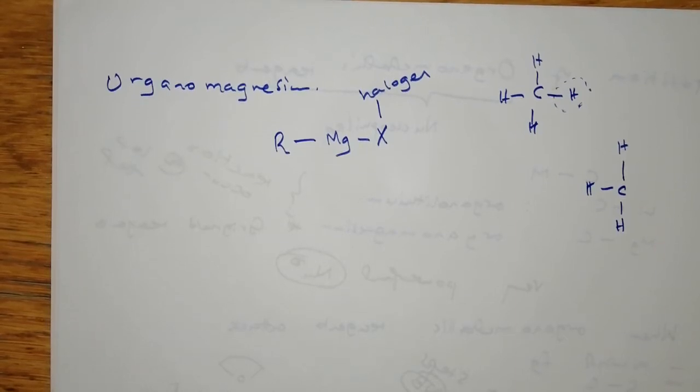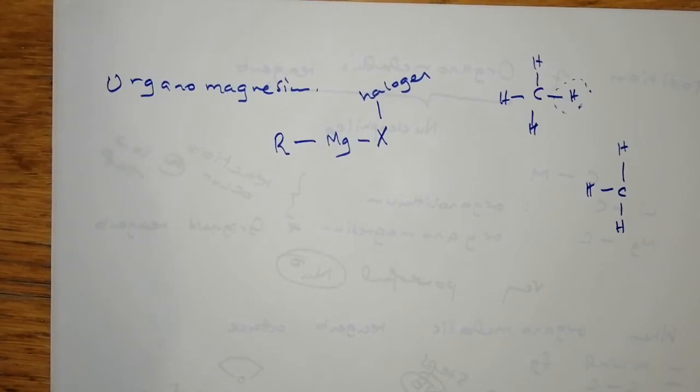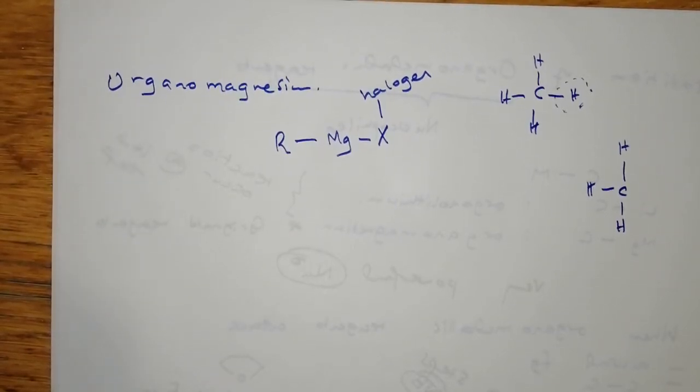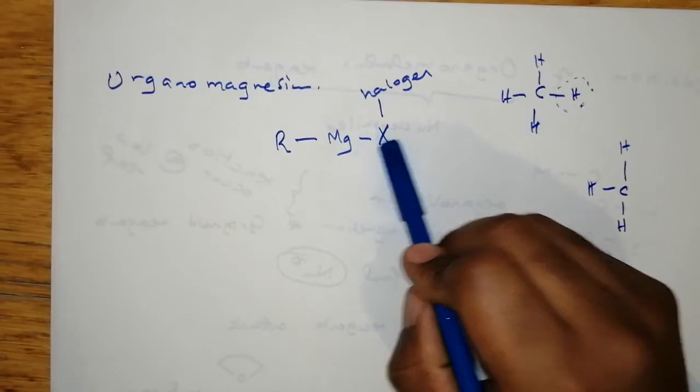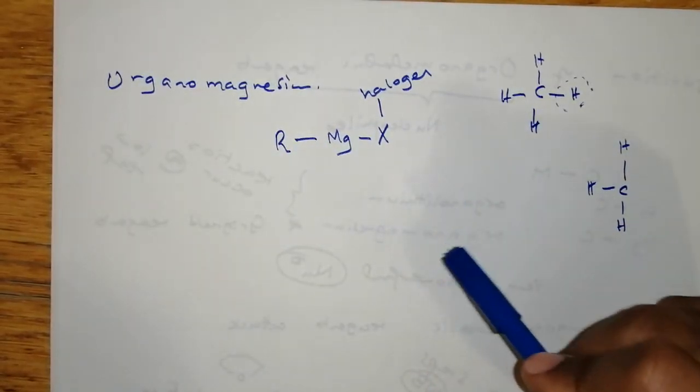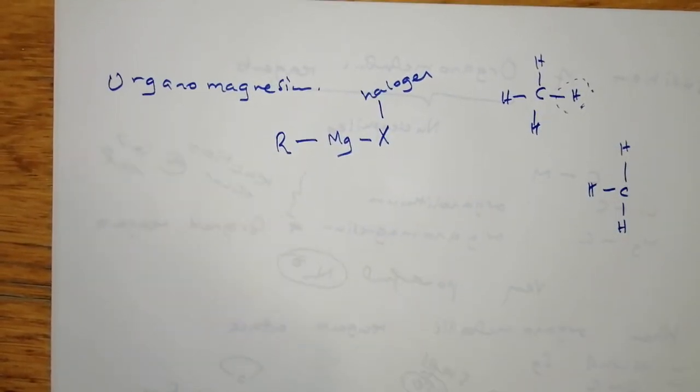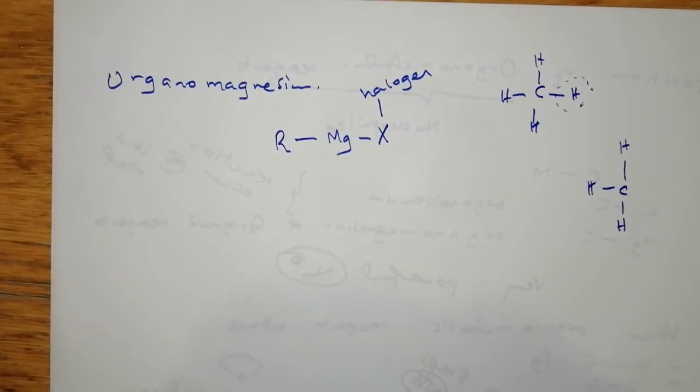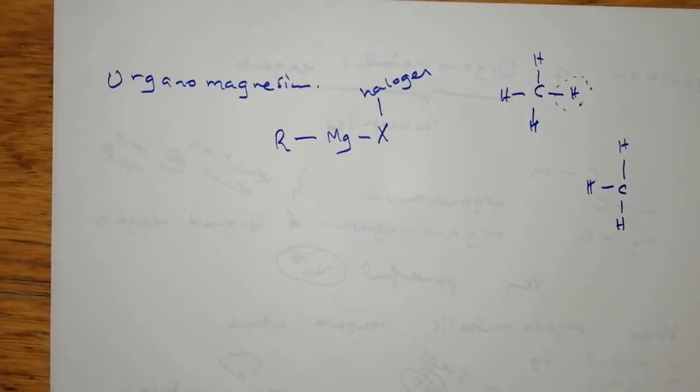Also, they react in a similar manner to organolithium reagents. So they also form alcohols when they react with ketones or aldehydes, and there's an addition of a carbon to carbon bond, right?